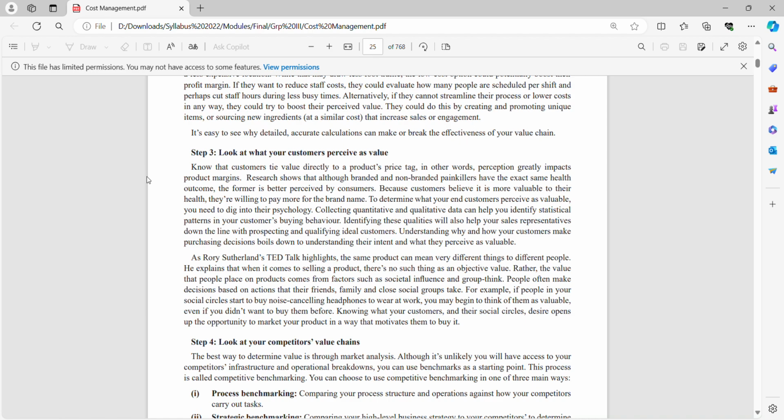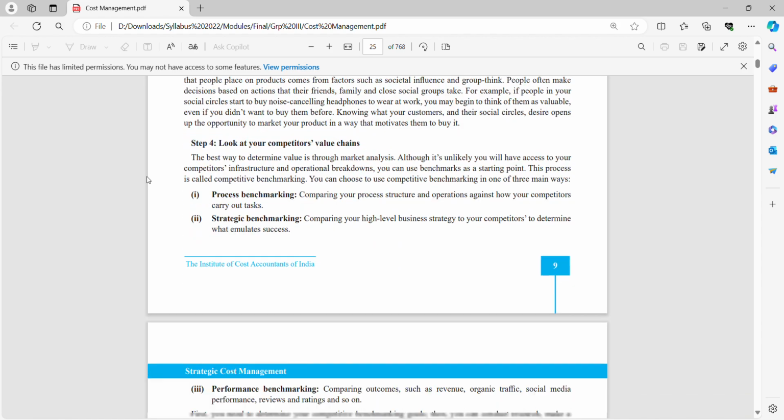People often make decisions based on actions that their friends, family, and close social groups take. For example, if people in your social circles start to buy noise cancelling headphones to wear at work, you may begin to think of them as valuable. So many times we get influenced societally, and out of that we purchase many things. A quick read, then we'll go for step 4.